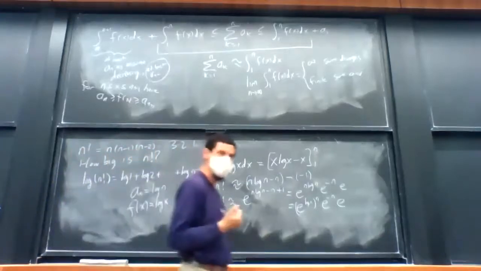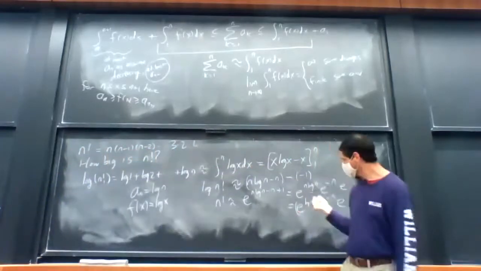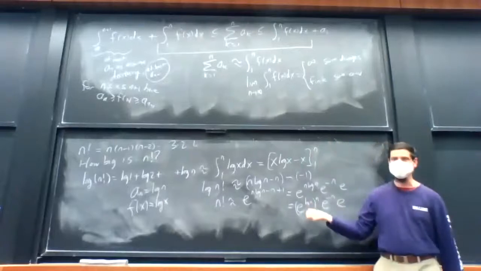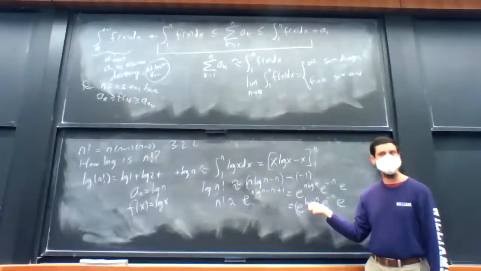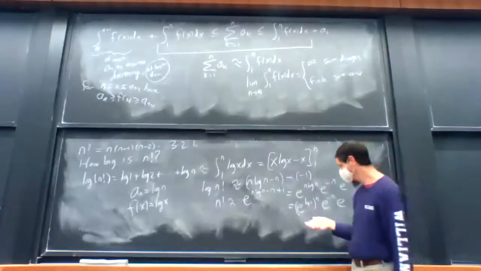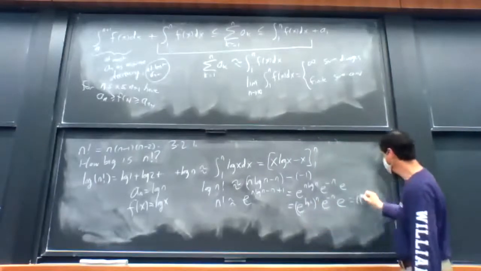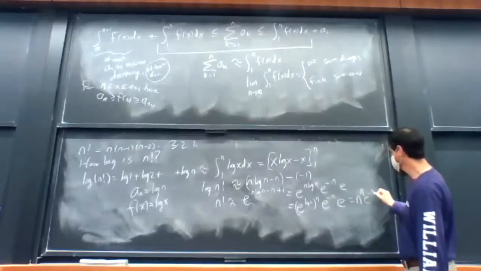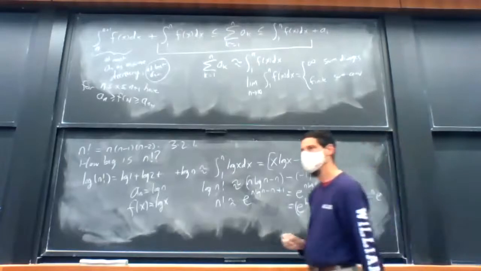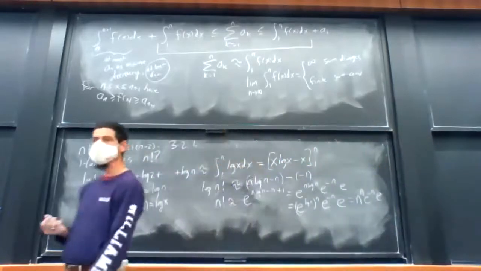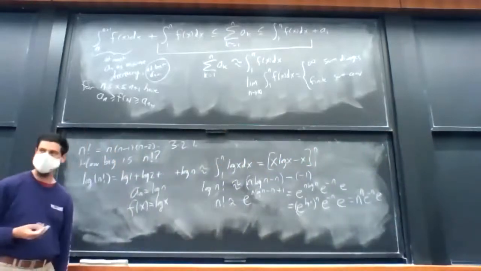It's just n. What is the log of n? The log of n is how many powers of e do I need to get n? If I raise e to the power I need to get n, I get n. So I get n to the n, e to the minus n times e. And that's a really good approximation for n factorial.